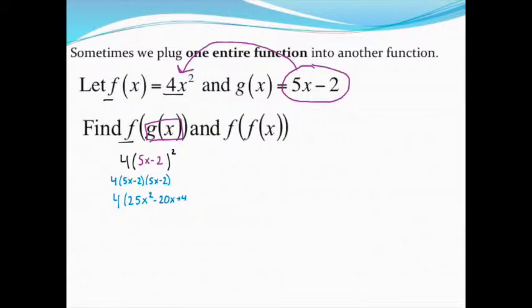Again, I'm multiplying 5x minus 2 times 5x minus 2. And then my final step for simplifying is to distribute that 4. So I'm going to end up with 100x squared minus 80x, and then plus 16. Like in our last video, we did not get a single number as an answer. Instead, I get a brand new expression, a brand new function when I perform function composition.